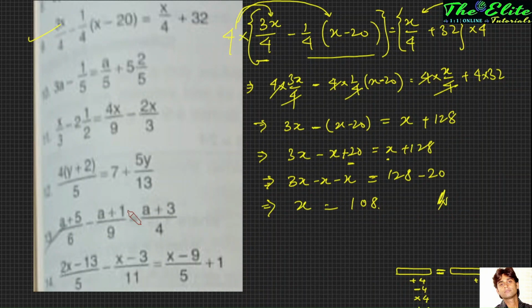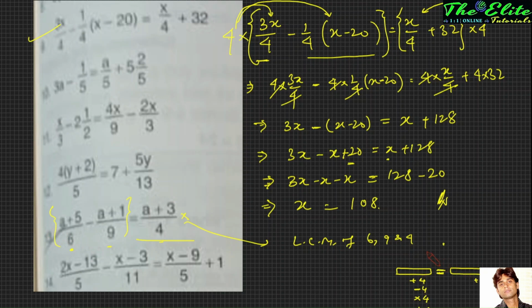So likewise you can do the others. Here also it is 6, it is 9 and it is 4. So in this question what you have to do? Find the LCM of 6, 9 and 4. With that LCM number that you get, you will multiply the whole left side and also the right side. The bracket you will use that number.